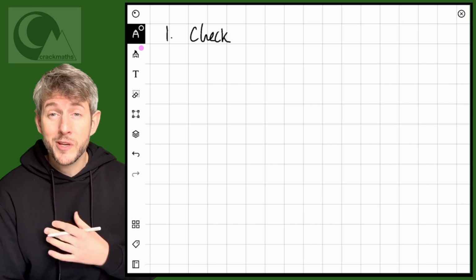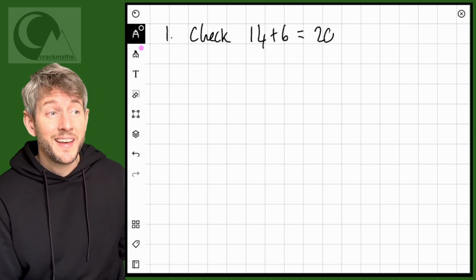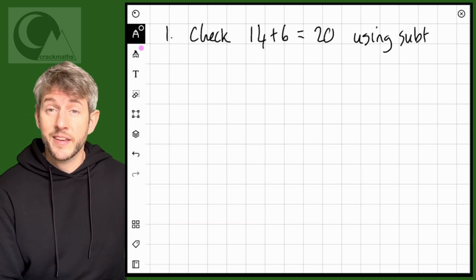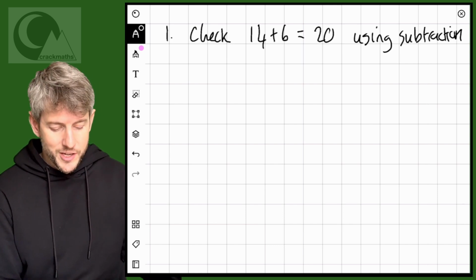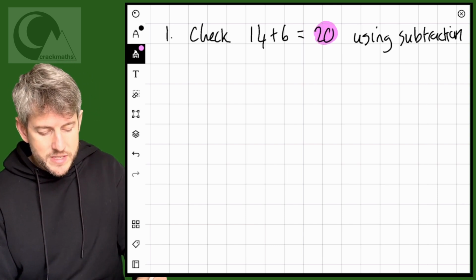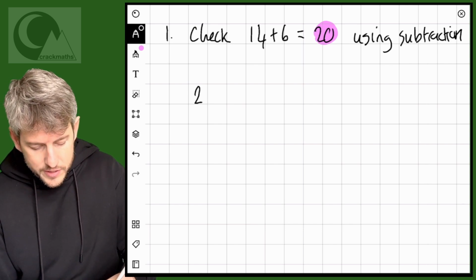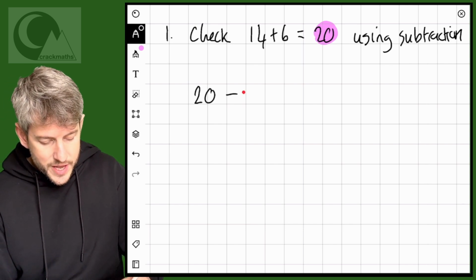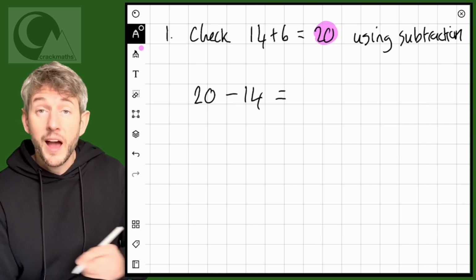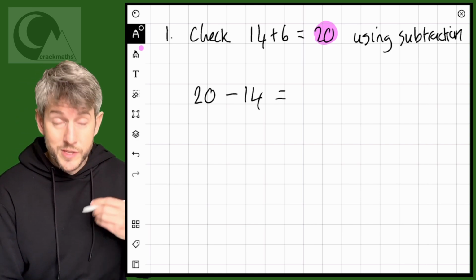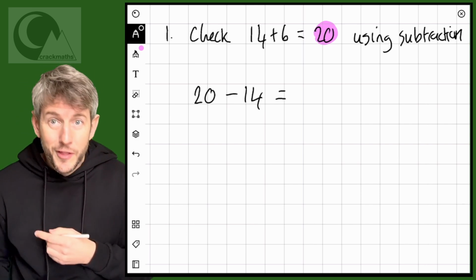Okay, so I'm going to look at question 1 first, and question 1 says, check that 14 plus 6 equals 20 using subtraction. So this was the result, so the result is going to go first. So I'm going to do 20 take away 14, and what I should find is that this equals 6. So I can do that on my calculator.